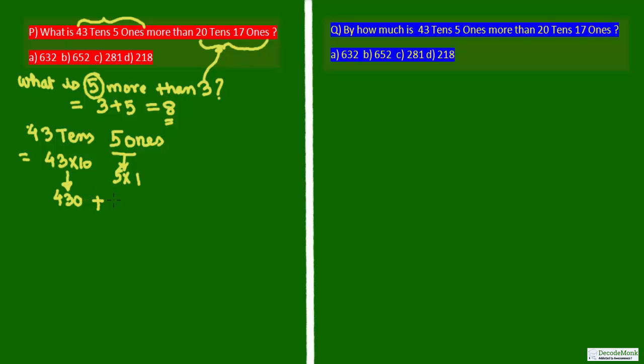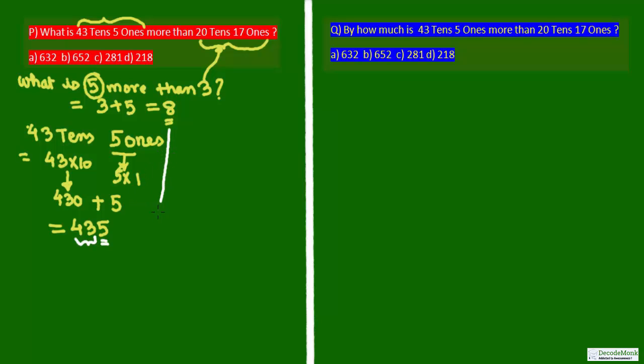So 430 plus 5 will be equal to 435. So 43 tens and 5 ones can be written as 435. Please try to understand this. 43 tens is same as 430. So we can expand a number in many forms. So this is one of the forms.